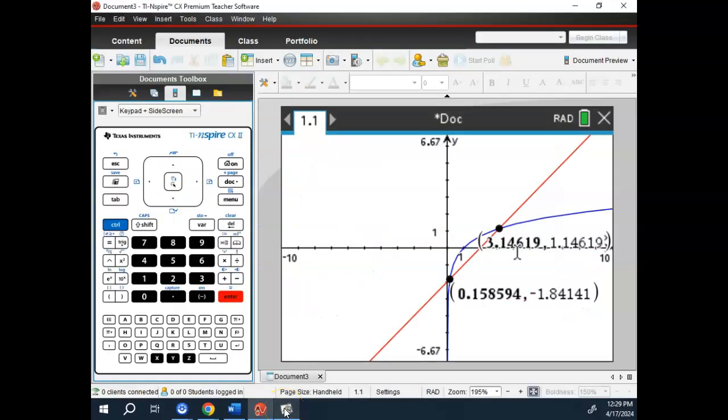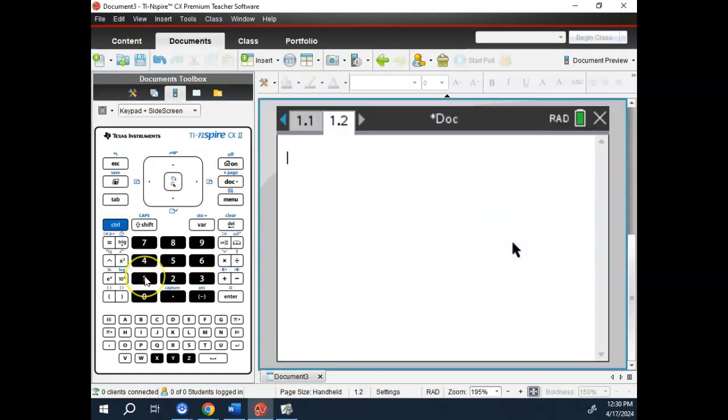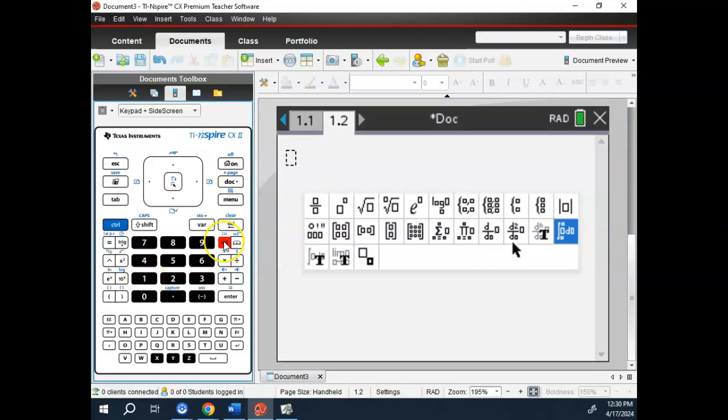So now I can add a calculator screen. So I'm going to add a page, add a calculator, get my integral. And notice here too, guys, if you hit that little button, not only are there integrals and derivatives, but here's your absolute value. Here's even a fraction, square roots. I mean, you can get all this stuff other places too, but it's kind of all right there.